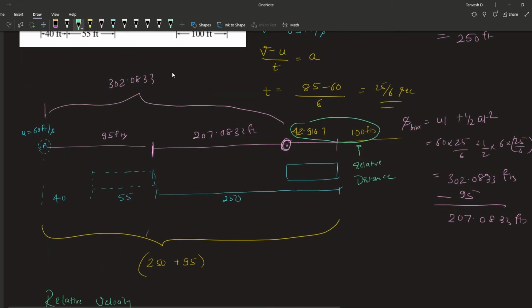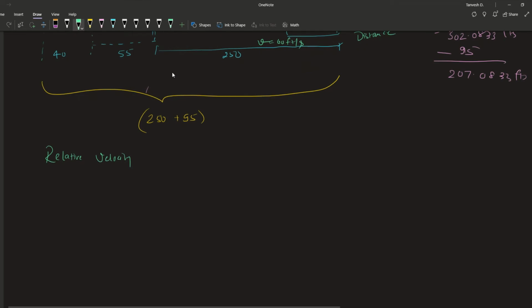Because at this point, when the bike reaches this point, its velocity is 85 feet per second and the velocity of the truck is 60 feet per second. So the relative velocity becomes 85 minus 60, which is 25 feet per second. With this velocity, it is going to travel the relative distance.